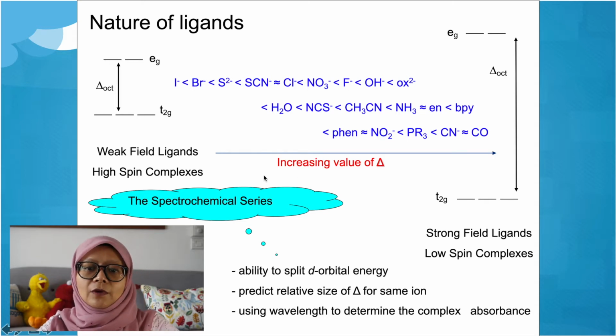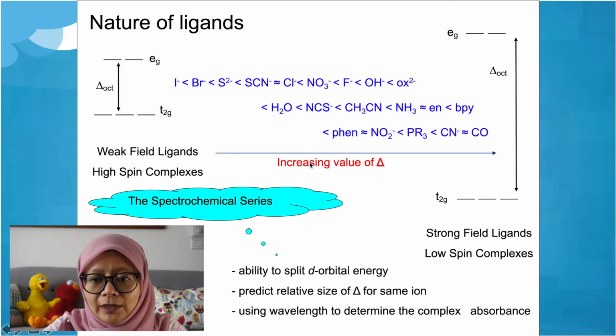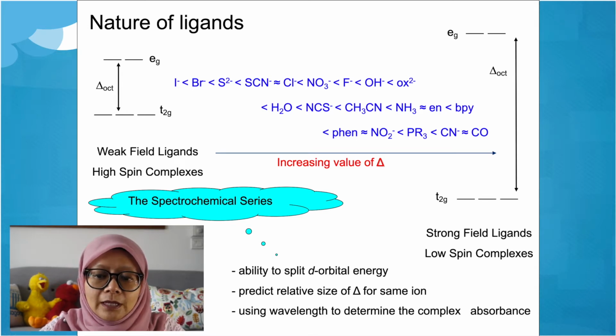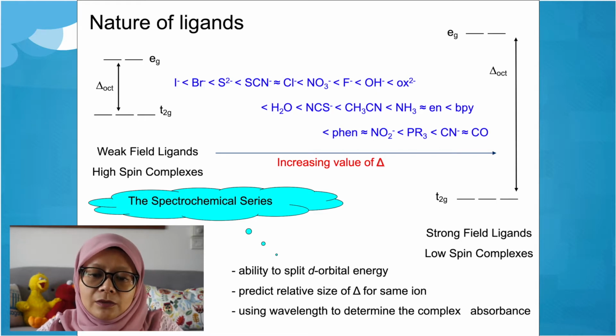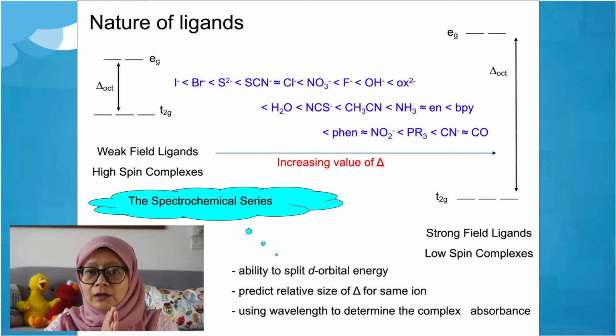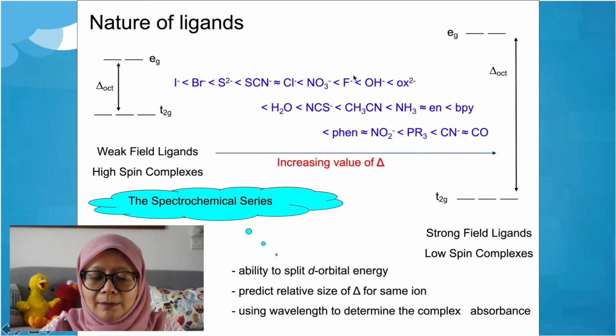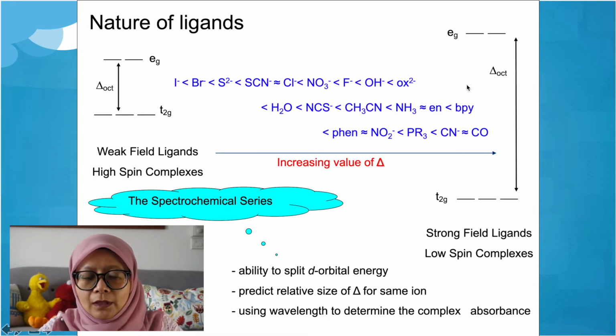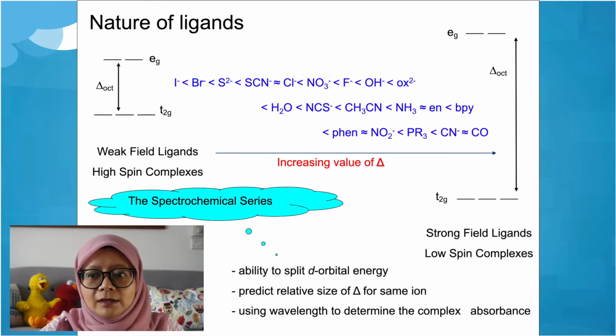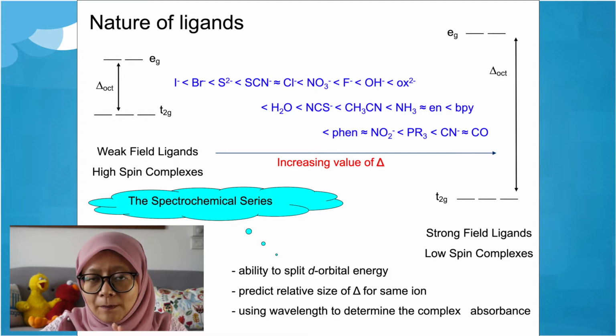Based on the value of the delta and also the types of ligands, you can have two kinds of complexes. For example, here I show you the CFSE diagram for the octahedral compound.